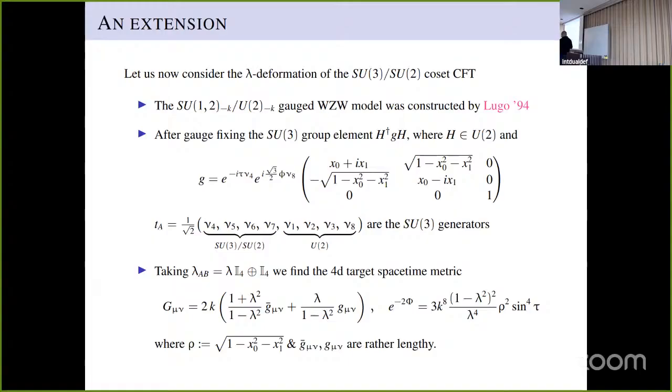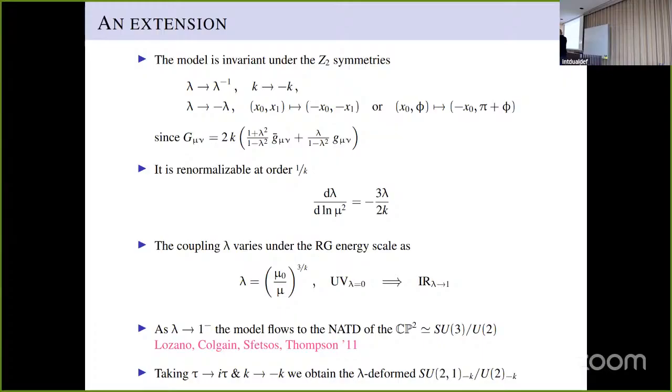But for this kind of generalization, this is just a technical comment, you don't need just one k, you need two ks, one for the left, one for the right side. Here, the model just flows towards the strongly coupled part, the IR, where you have the non-abelian dual model of the perspective model. So it's not a fixed point.